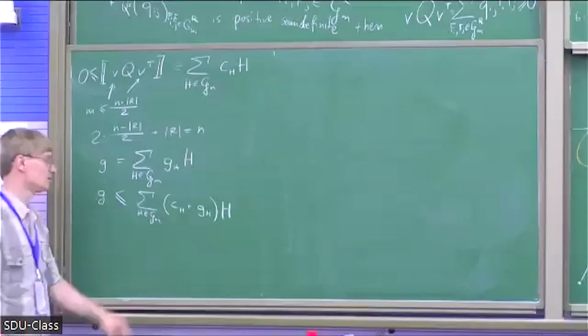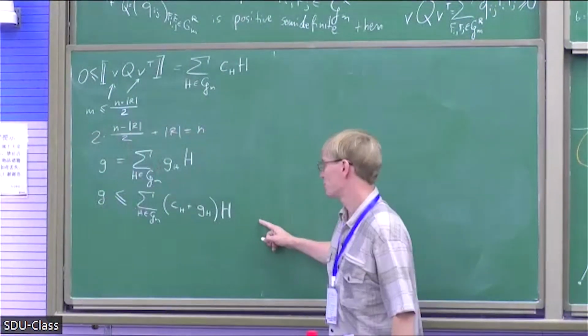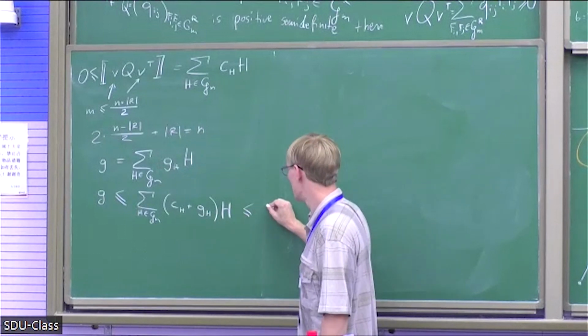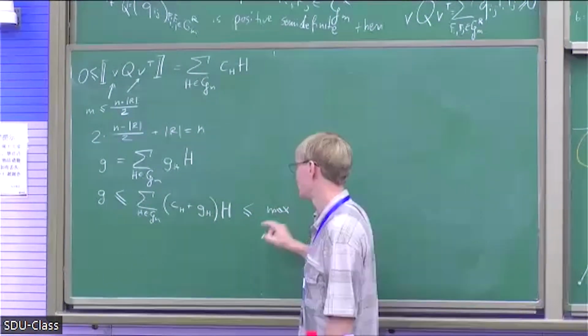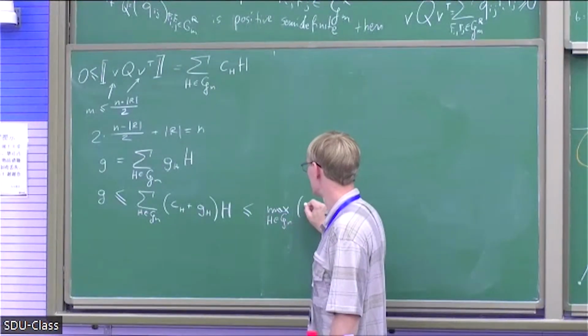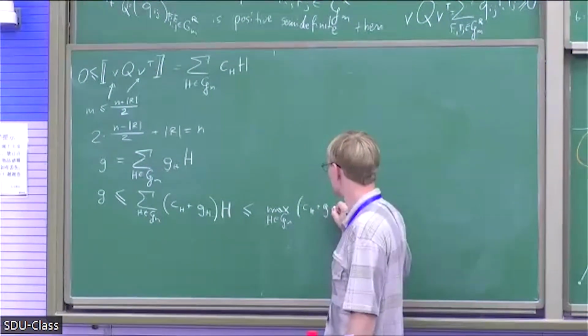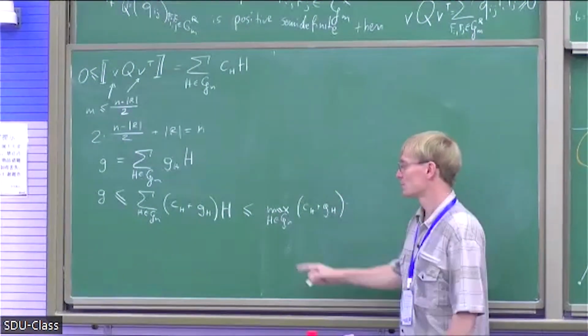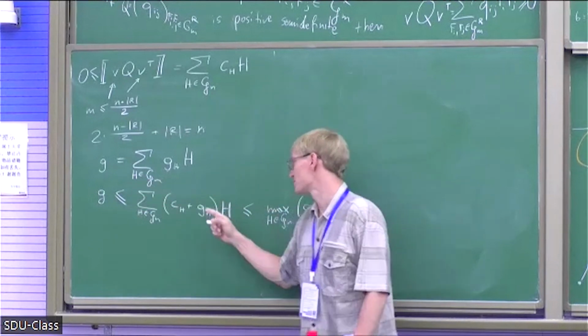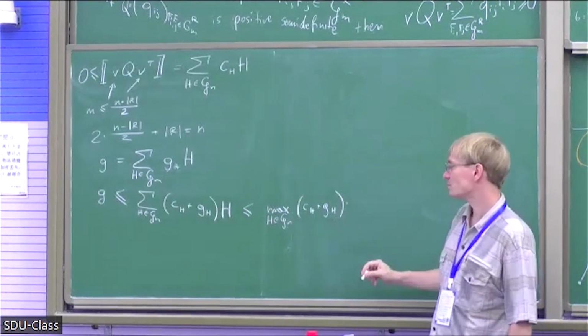So what I have now, I can similarly as before bound this by the maximum of all the coefficients. And so for each of the graphs, I'm bounding this by the maximum.